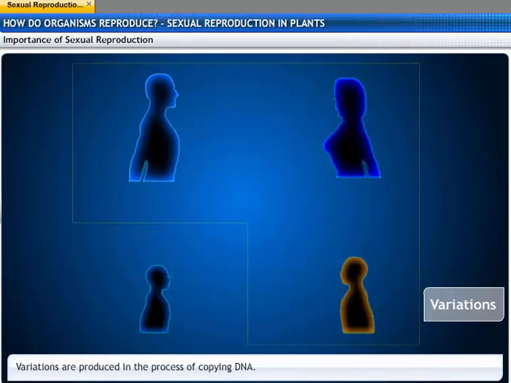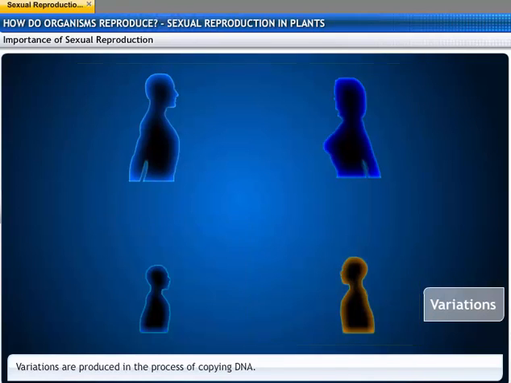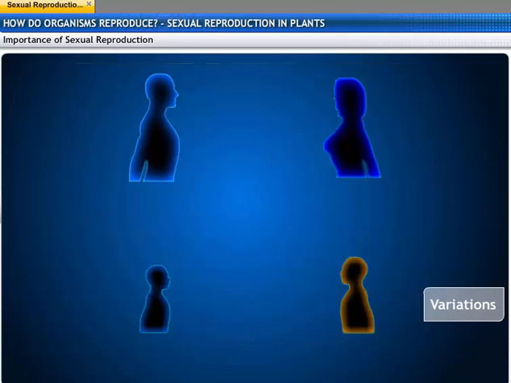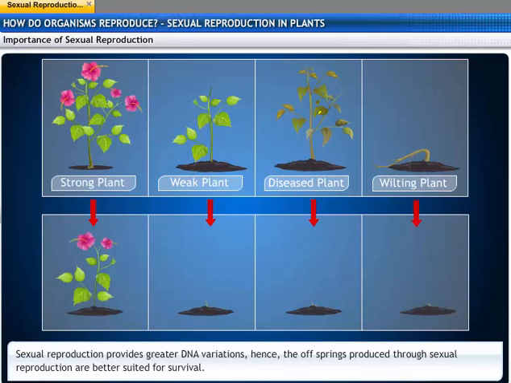Correct. In the process of copying the DNA, variations are produced. Sexual reproduction provides greater DNA variations. Hence, the offsprings produced through sexual reproduction are better suited for survival and provide a mechanism for selective adaptation to occur.